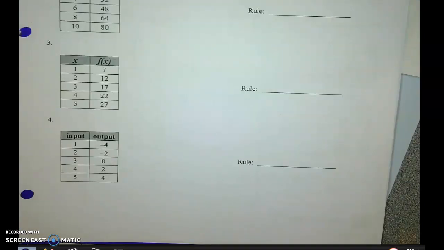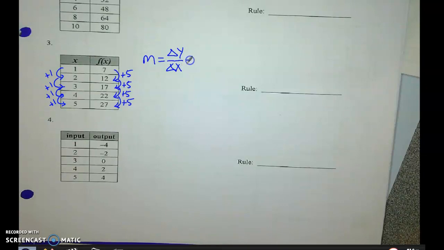Let's look at number 3. Okay, number 3, change in y, plus 5, plus 5, plus 5, plus 5. Change in x is plus 1, plus 1, plus 1, and plus 1. So when we're thinking about our m, change in y over change in x, we have 5 over 1, which equals 5.